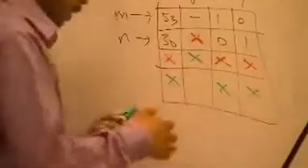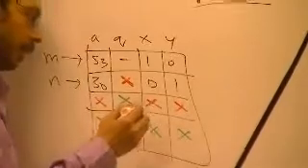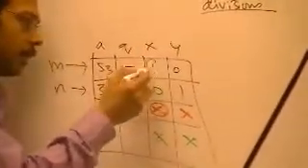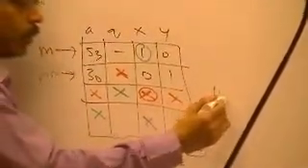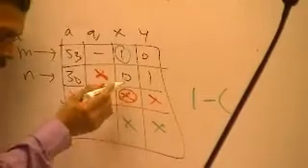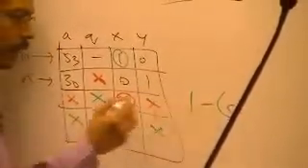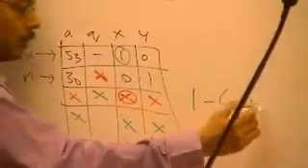Okay? So if I want to find this entry, all I have to do is go 2 entries above this. 2 entries above this is this 1. This 1 minus the immediate top entry, which is 0, times the quotient value. Okay?